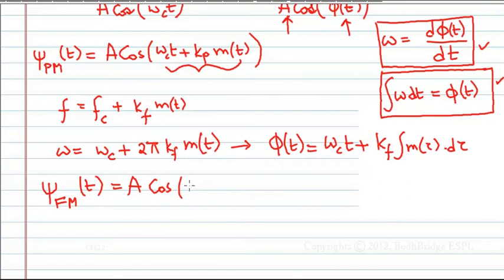Therefore, what is the frequency modulated signal? Omega ct plus kf into 2 pi, that is 2 pi into kf, into the integral of m of tau d tau.